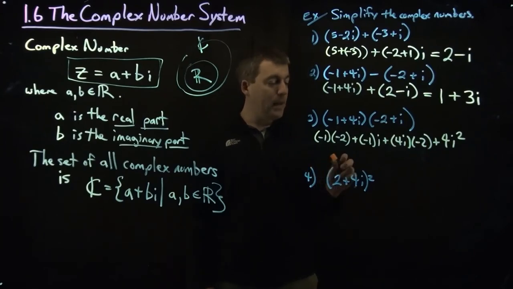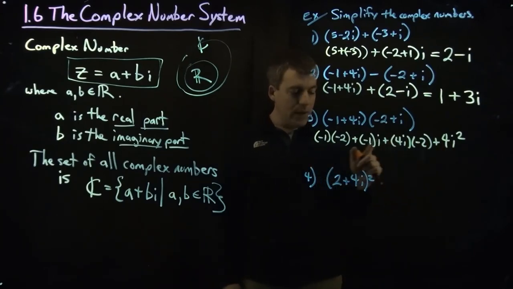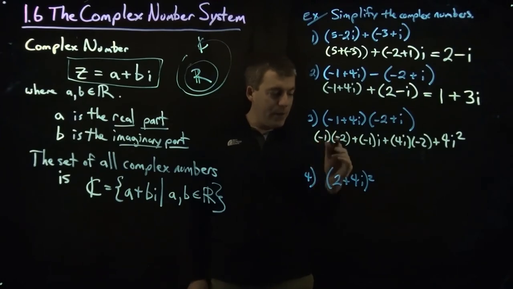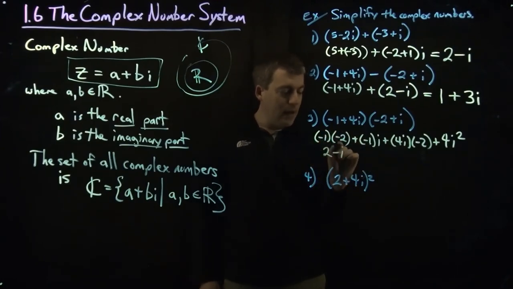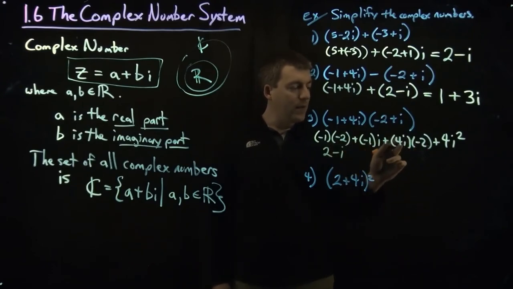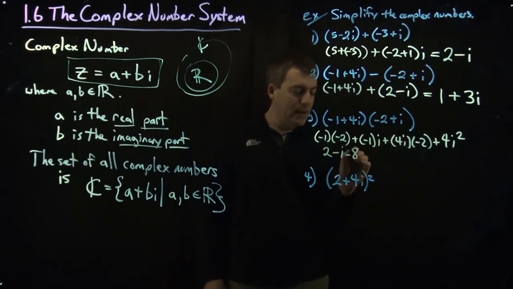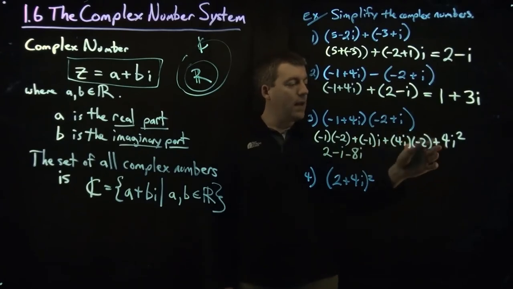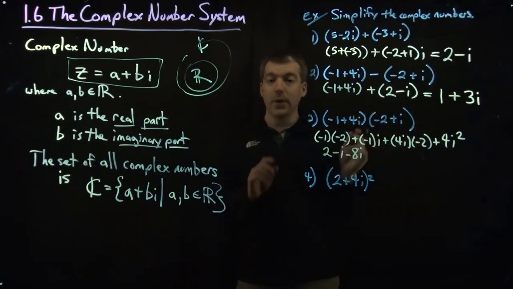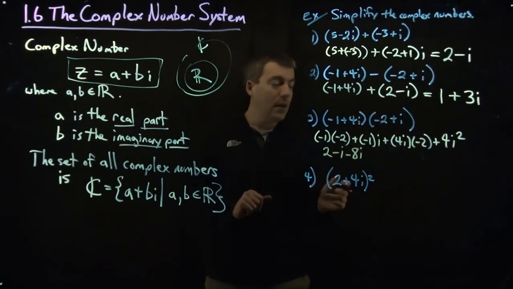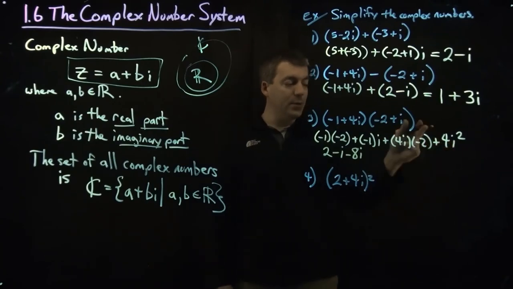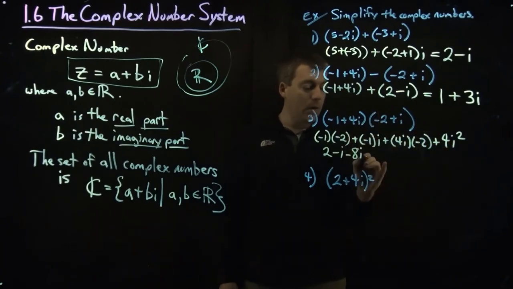Okay, now let's simplify this. -1 times -2 is 2, minus i, and we have -2 times 4i, so minus 8i, and then plus 4i squared. We know that i squared is -1. So 4i squared is really just minus 4.